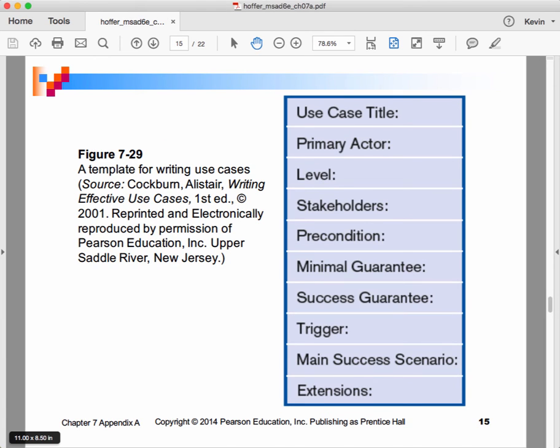Oh, here is what the authors think would be the nice kind of big divisions in a written use case specification. They have a title, primary actor, level, stakeholders, precondition, and so on.